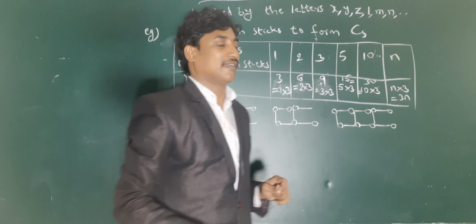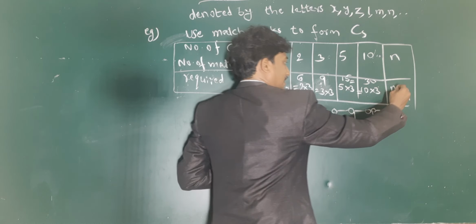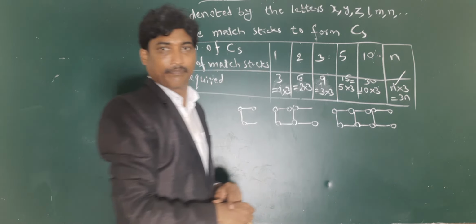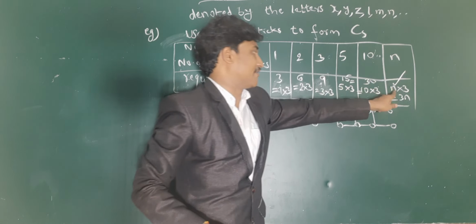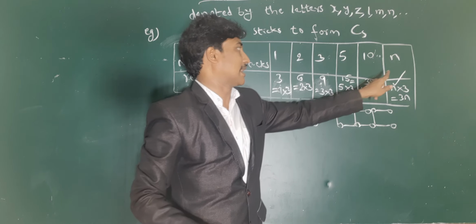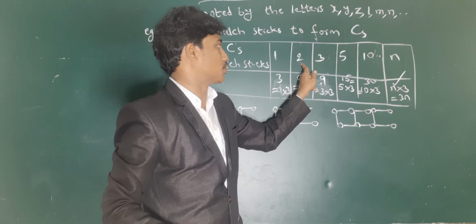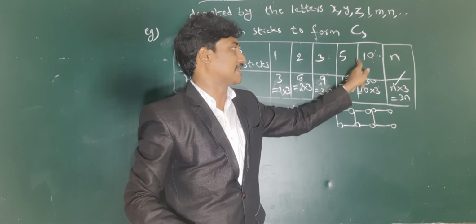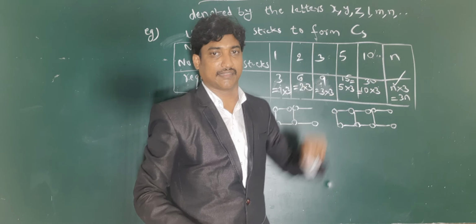Here n is called a variable. n takes different values: 1, 2, 3, 5, 6, 7, 8, 9, 10, like that.